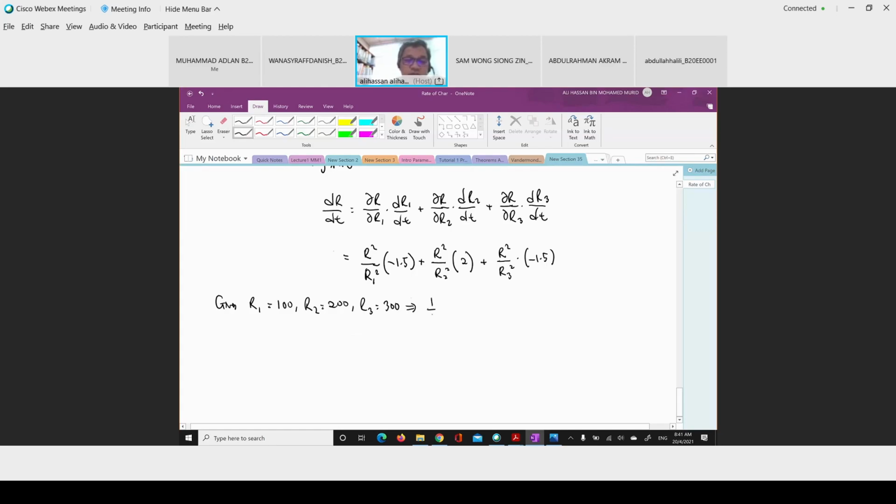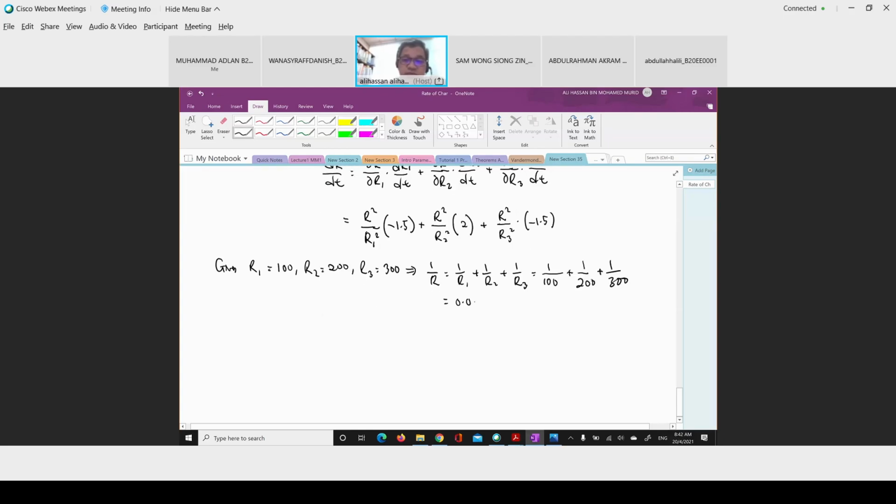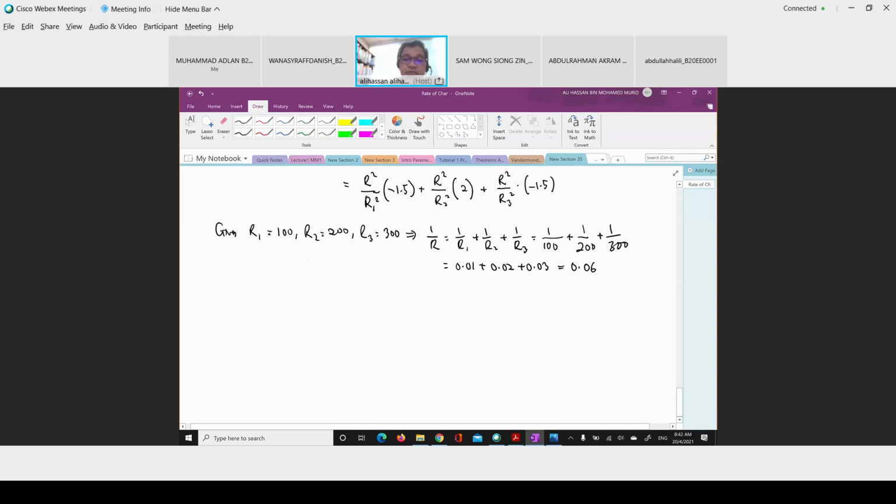So 1 over r is 1 over r1 plus 1 over r2 plus 1 over r3, which is 1 over 100 plus 1 over 200 plus 1 over 300, which is 0.01 plus 0.02 plus 0.03, which is 0.06. So therefore, r is the reciprocal, which is 600.